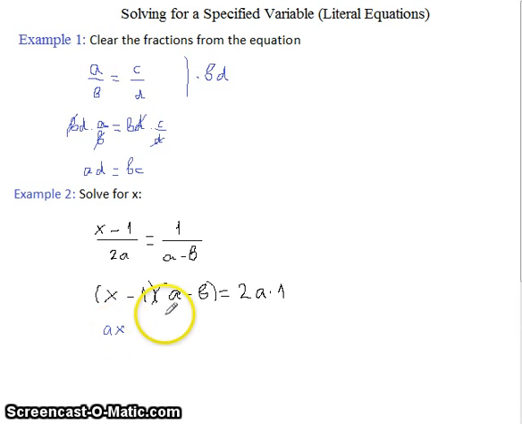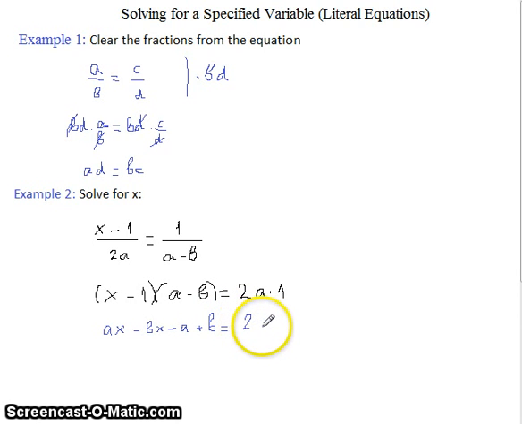Outer, x times minus b is minus bx. Inner, minus 1 times a is negative a, and last, minus 1 times negative b is positive b. And this is equal to 2a.